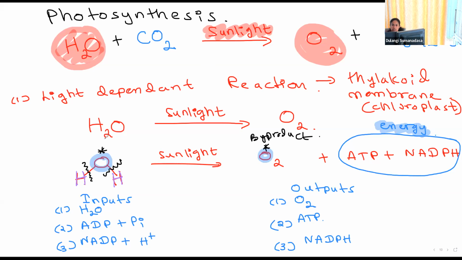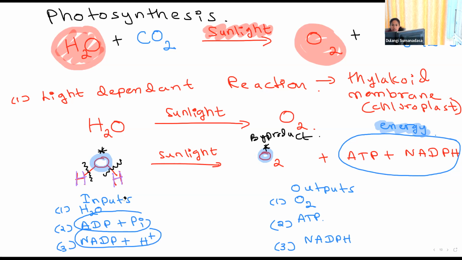Okay, so this is it for the light dependent reaction. Let's do the light independent reaction. Don't try to remember these things. No need. Whatever side you put the ATP, the opposite needs to have ADP and Pi. Whatever side you have the NADPH, the opposite side needs to have NADP plus H plus.